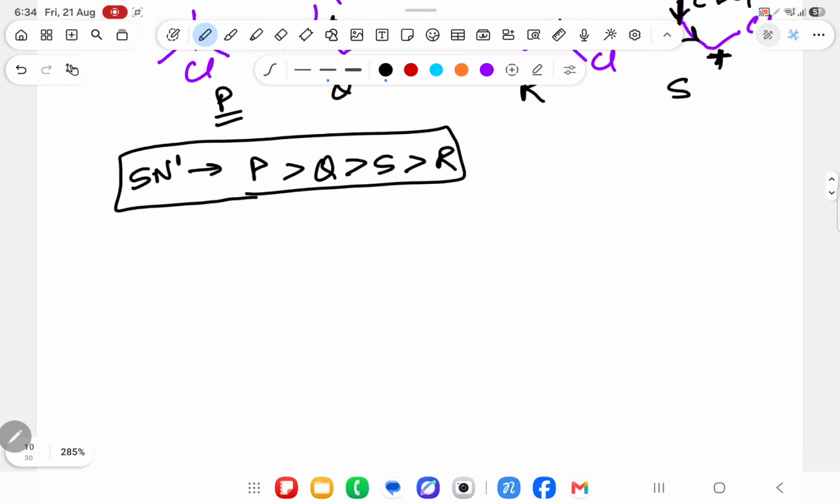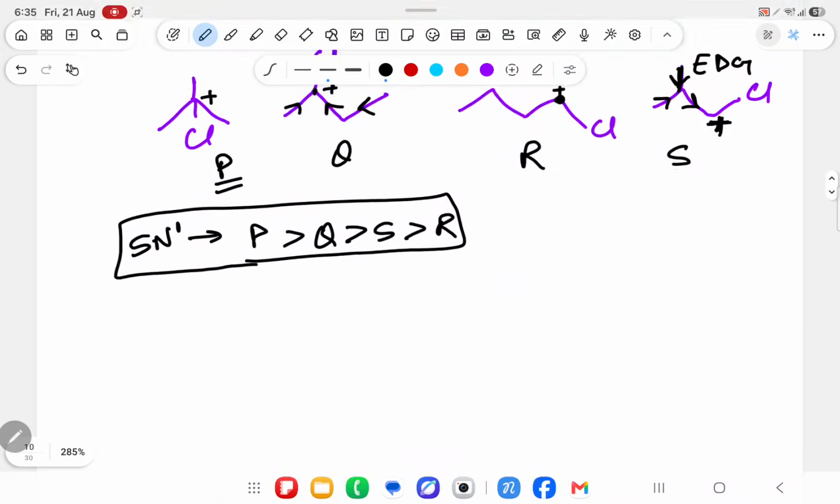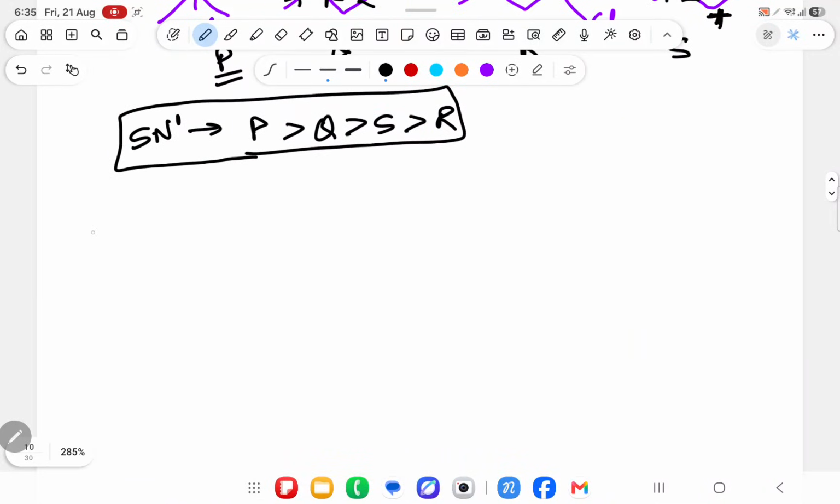Next important point: third, I have written leaving group, electron donating group, rate directly proportional to stability.